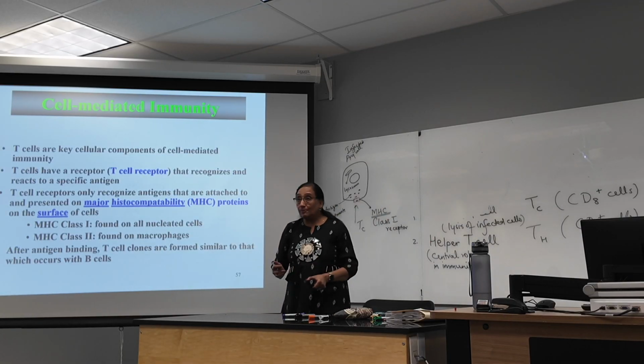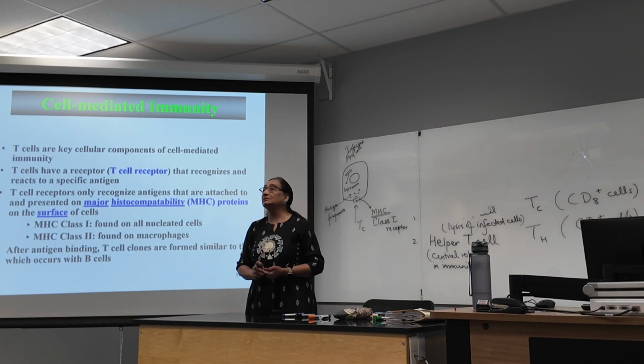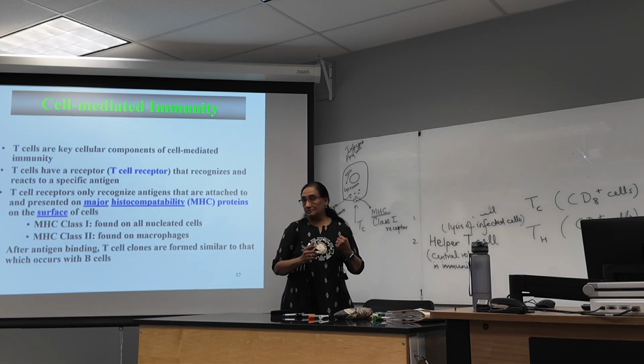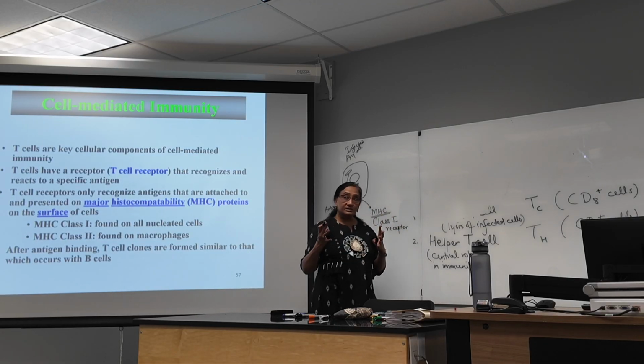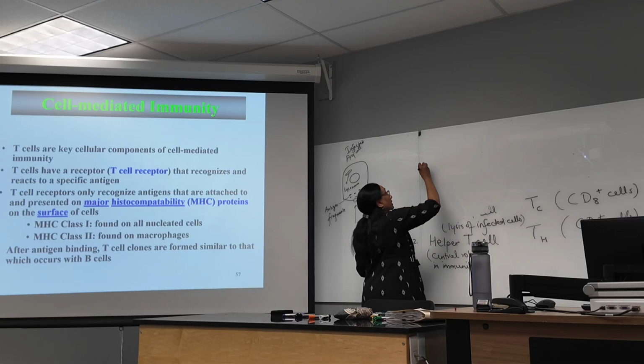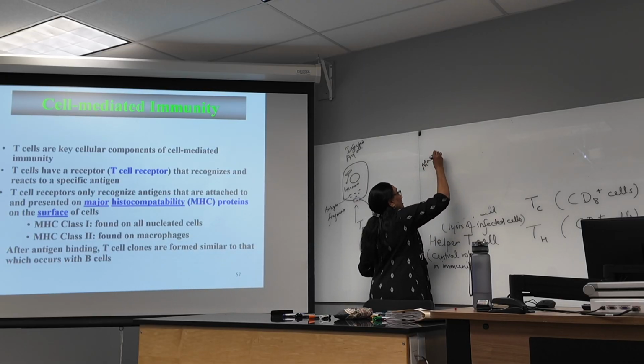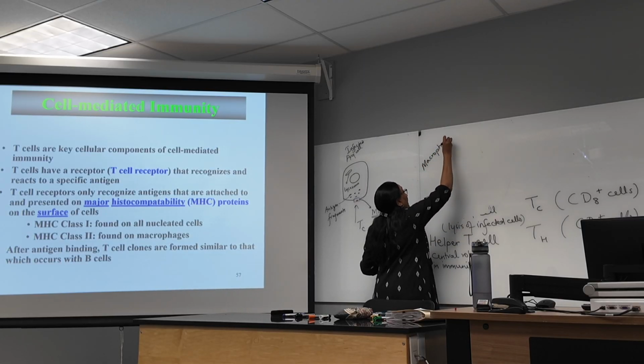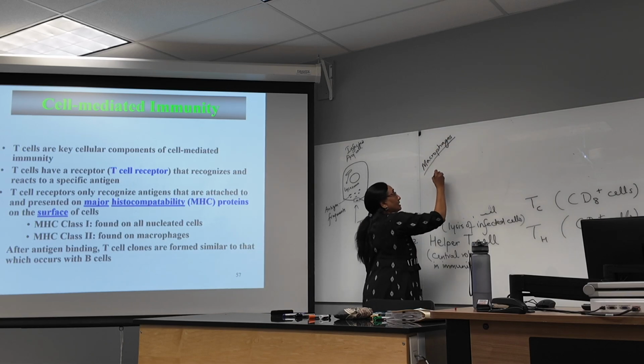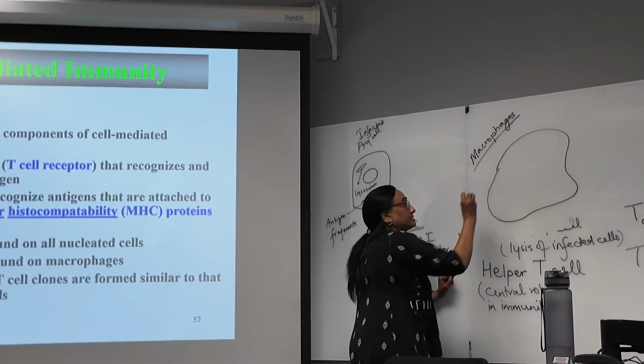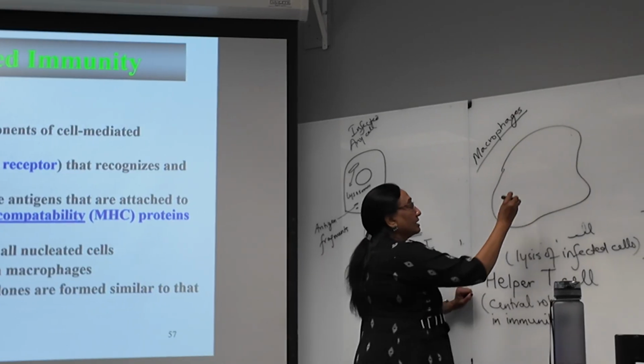Let's say a white blood cell phagocytoses the pathogen. I told you about monocytes and macrophages, which can phagocytose bacteria and viruses. These are large cells, a macrophage, and that's the nucleus.